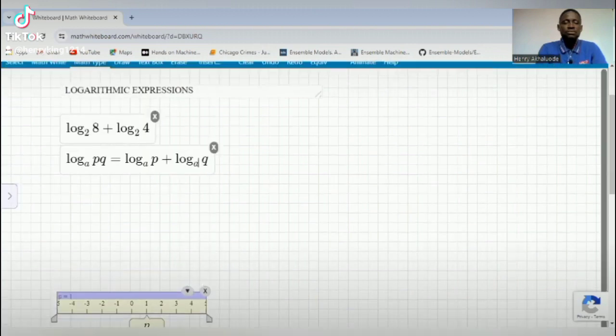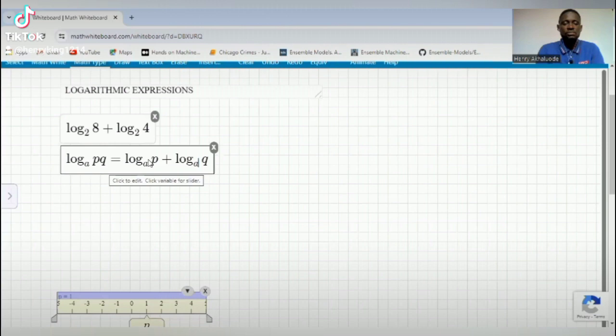Here you have the product PQ, and we take the logarithm in base A. Remember this law of logarithms, which I explained in our last lesson: if you take the logarithm of a product, in this case PQ, to a particular base A, you can decompose it into the respective logarithms of these individual numbers, taking the logarithm and adding them up respectively.